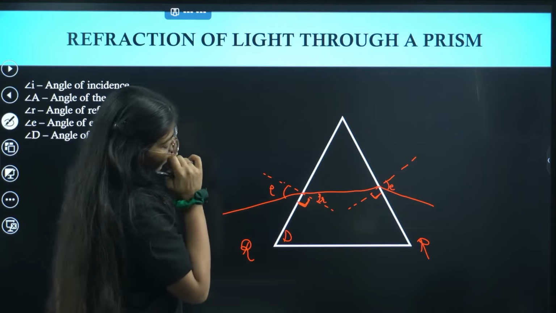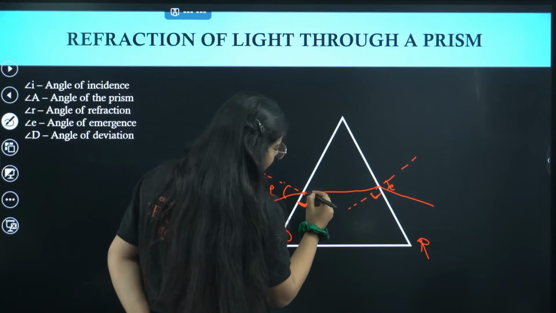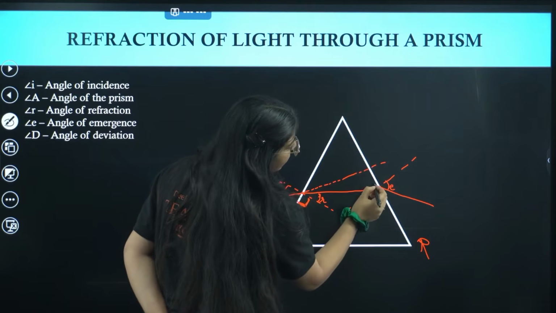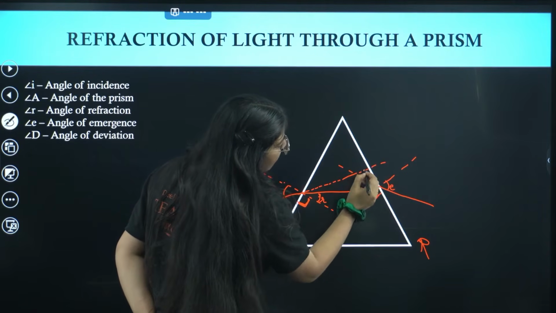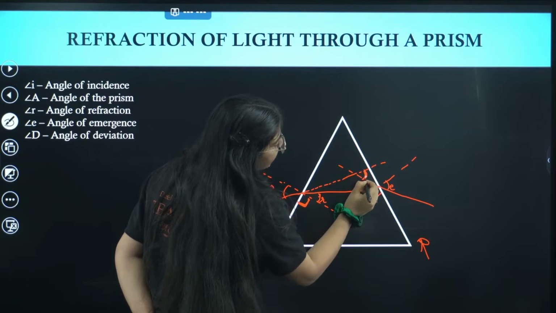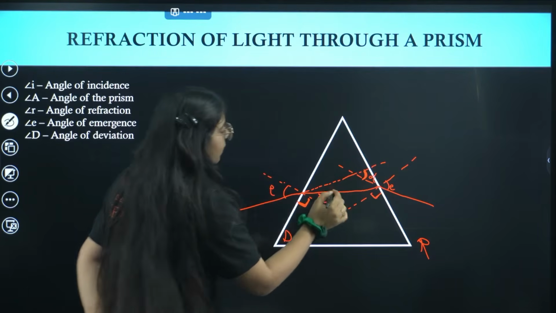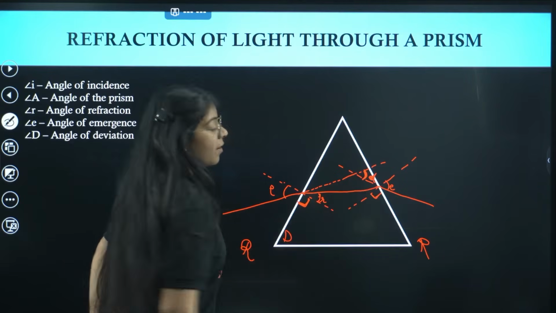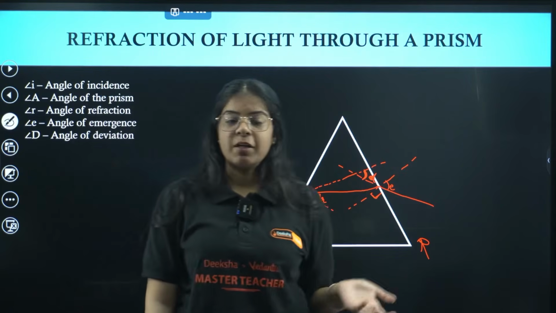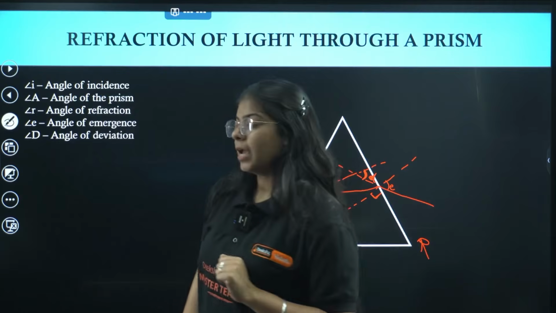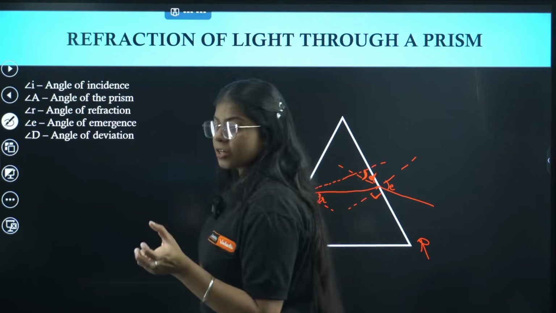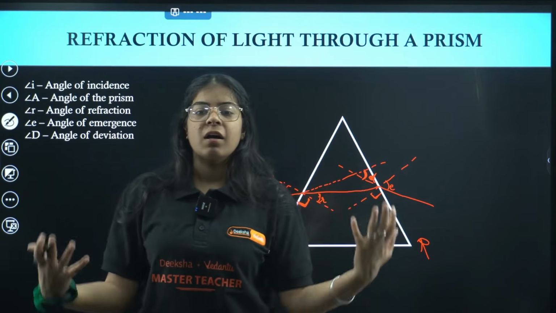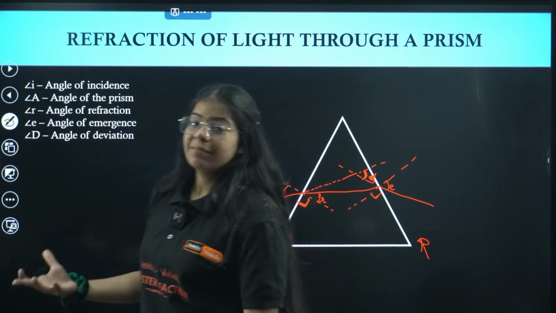Now, if I extend the incident line and I extend the emergent ray, this is where they meet. If you remember in the glass slab, we saw lateral displacement of the incident ray and emergent ray. In the case of a prism, instead of lateral displacement, we see the angle of deviation.